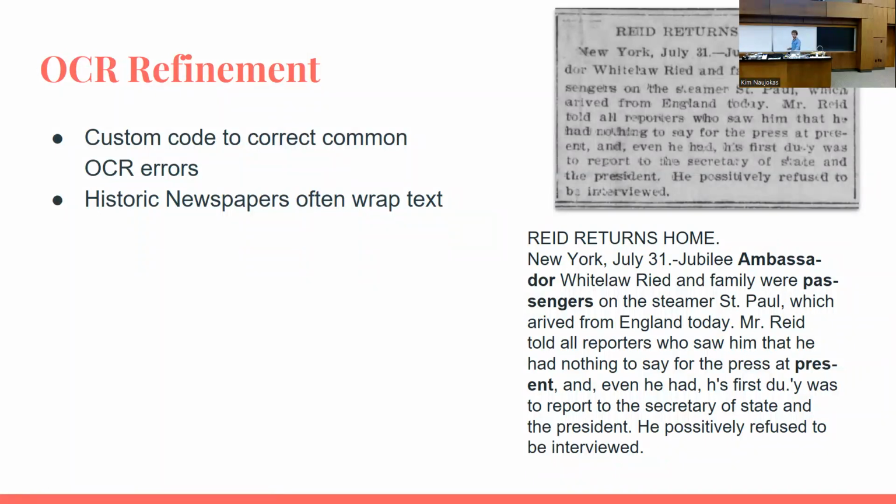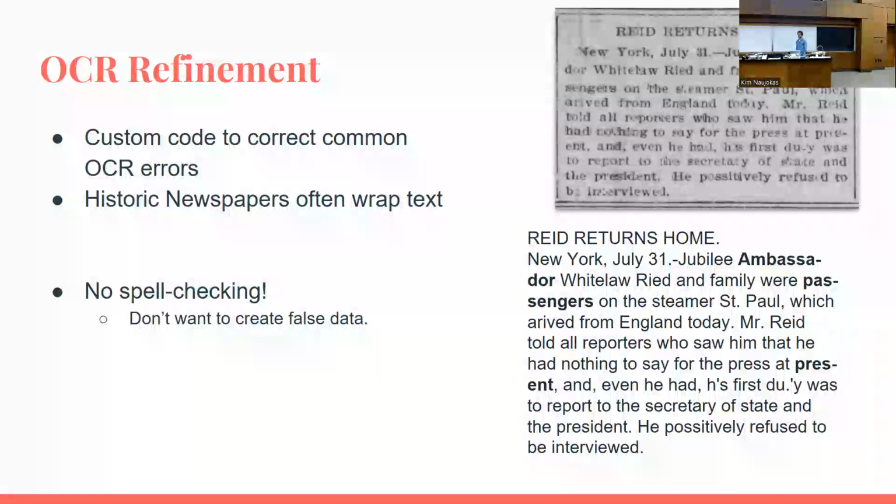And one thing I wanted to mention that we are not doing is that we are not instituting any sort of spell check beyond this. And that's because we don't want to accidentally create some false data. We don't want to make these newspapers say things that they're not really saying. And an example of this is actually in this image that I grabbed for you all. In the second to last line, the word positively is misspelled.